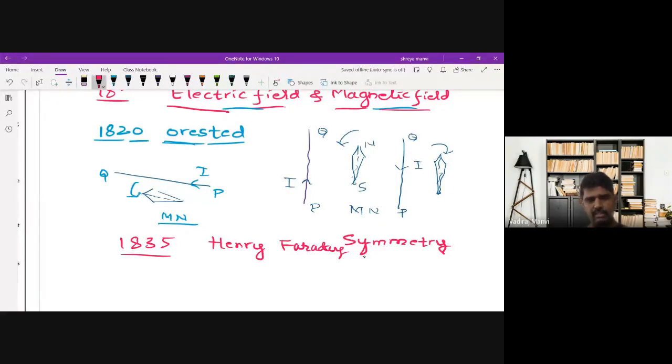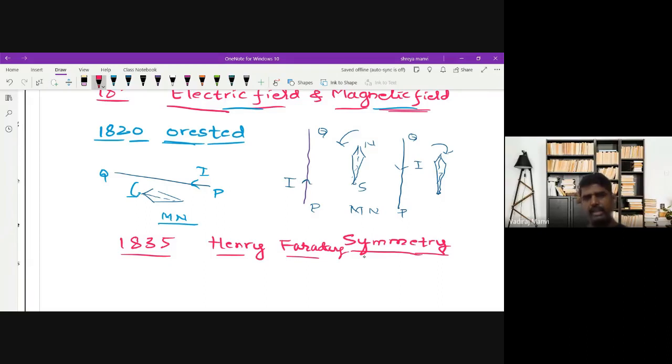So it took nearly 15 years for them to prove the reverse, because they knew symmetry is the beauty of physics. If it is possible one way, the other way also has to be possible. So Joseph Henry and Michael Faraday showed that whenever there is a change in the magnetic field, it will create its own electric field.